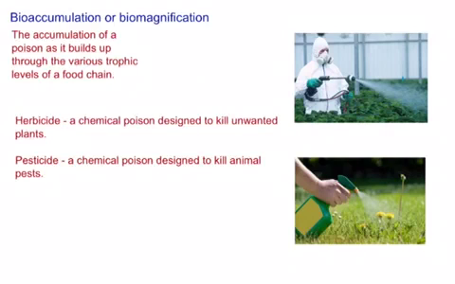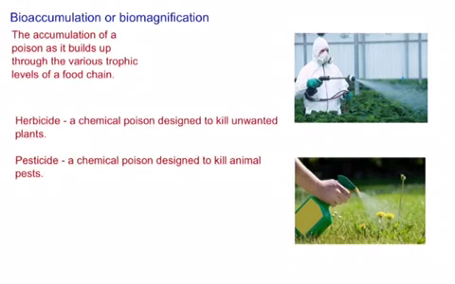A couple of terms that relate to this are herbicide and pesticide. This is particularly a problem. Bioaccumulation is a problem in ecosystems when you get a build-up of herbicides or pesticides in the food chain. These are poisons, chemical poisons designed by human beings to kill unwanted plants or unwanted animals.